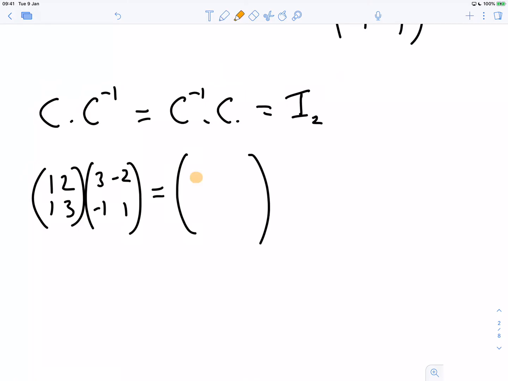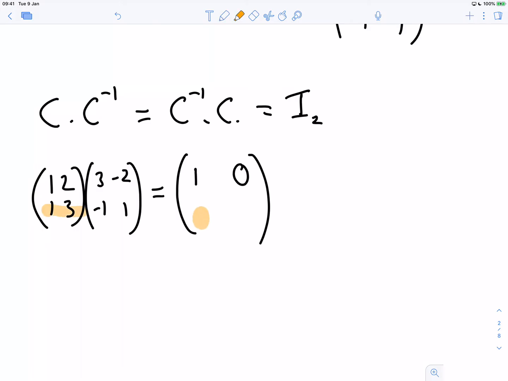So first row, first column: 1 times 3 plus 2 times minus 1 does equal a 1. Good start. First row, second column: we've got 1 times minus 2, which is minus 2, plus 2 times 1, which is 2. Minus 2 plus 2 does equal a 0. Good, looking good so far.